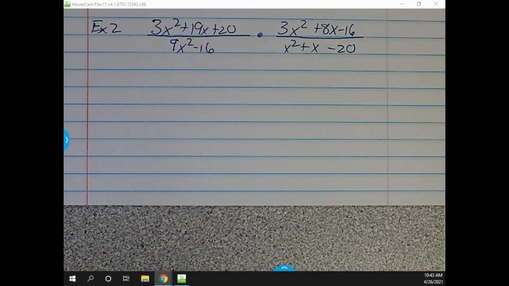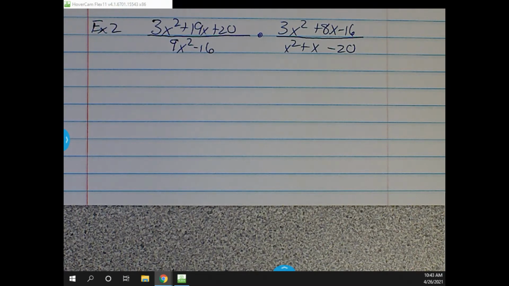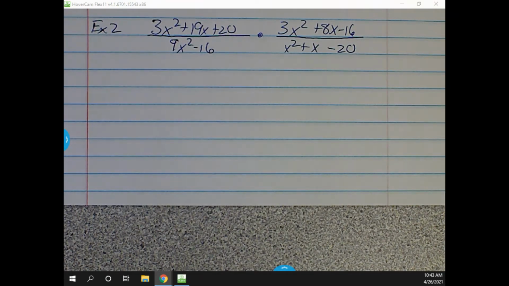Biggest reason was I want to go back and show you this one because it has some different things in it to make sure everybody remembers what's going on here factoring-wise.